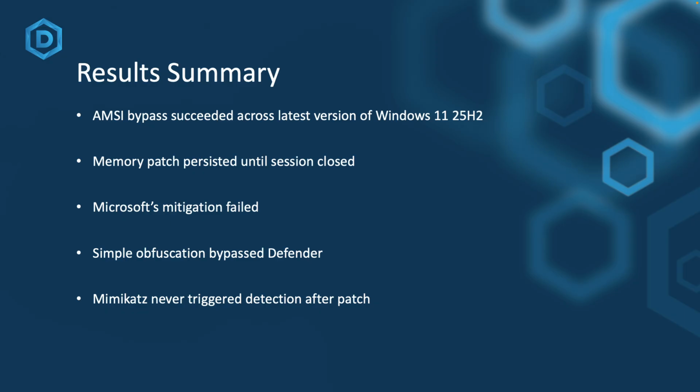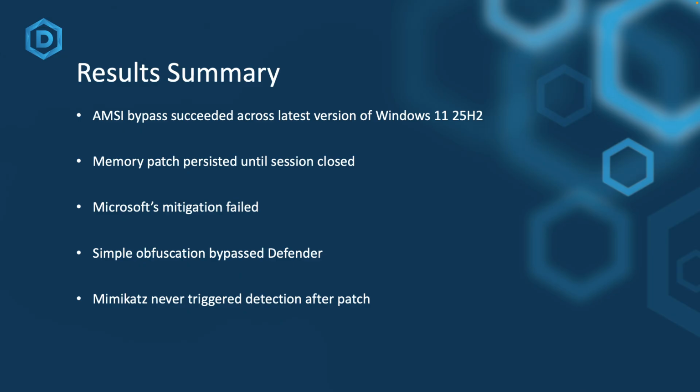However, I can't really roll my virtual machine backwards and repeatedly do this across all versions of 23H2, 24H2, and 25H2. So we went with the latest version. We saw that the memory patch persisted until the session actually closed.